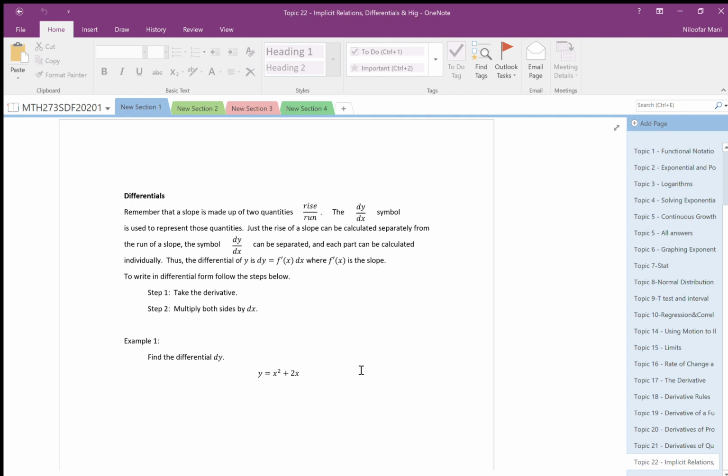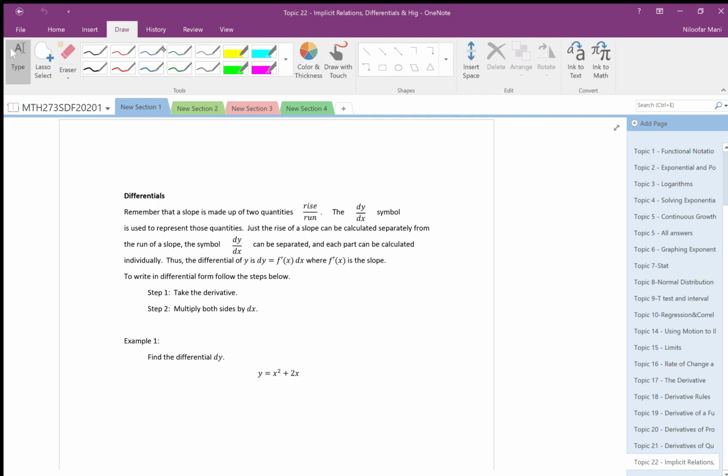That's why I always tell you, you don't need to use dy over dx, you can use y prime. They are both the same. Some books use y prime, and some books use dy over dx. Both mean the derivative of y with respect to x.